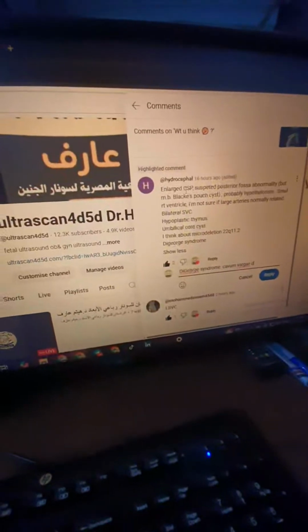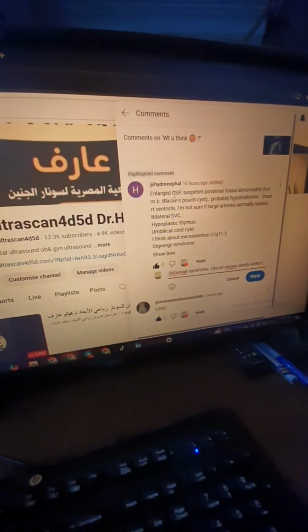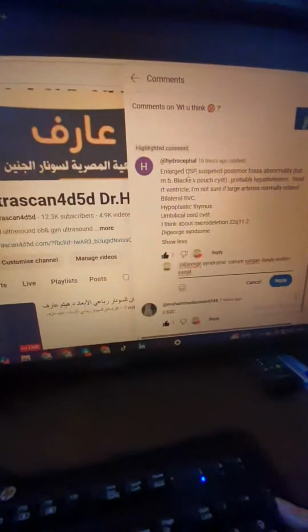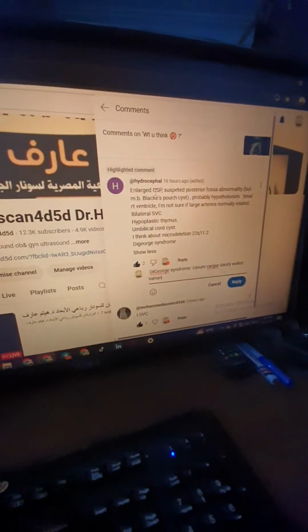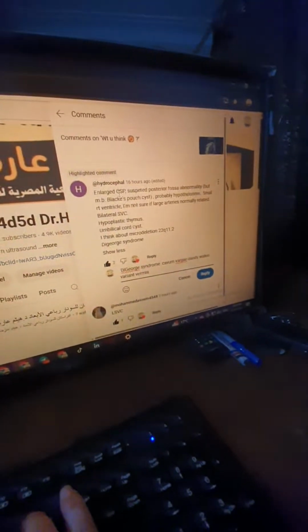Then the Dandy-Walker variant. The problem is there is too much information. Then the Dandy-Walker variant. Vermian hypoplasia.